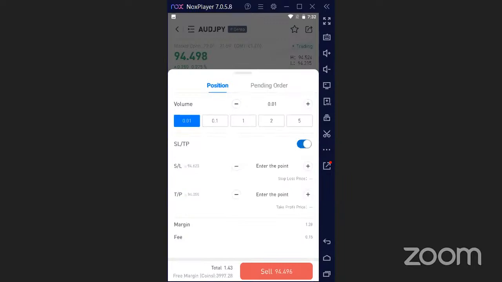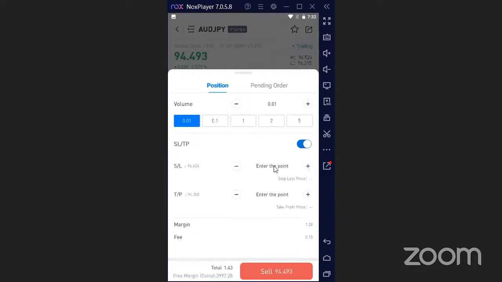Now let's enter our SL first. That is stop loss. That is where you want to stop a potential loss. So if you are losing the trade, it is the price you want the market to get to, and then take you out of the market. So click on this plus icon, or just click in the center where it says enter the point.